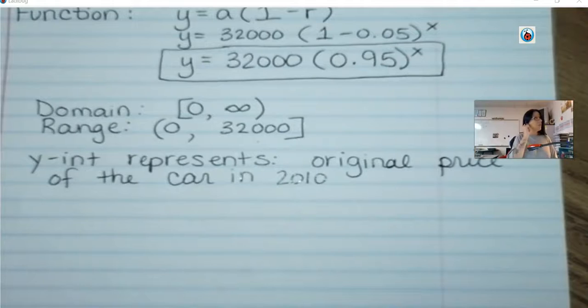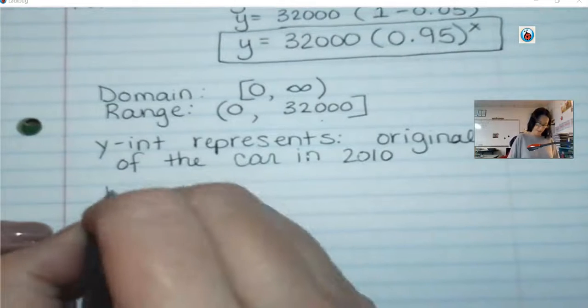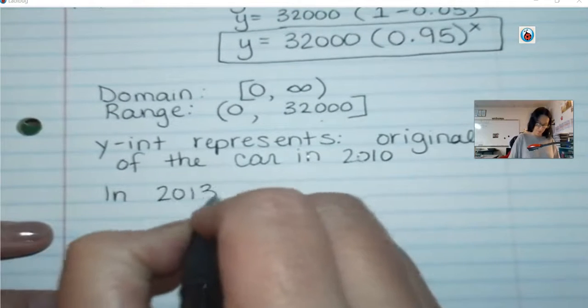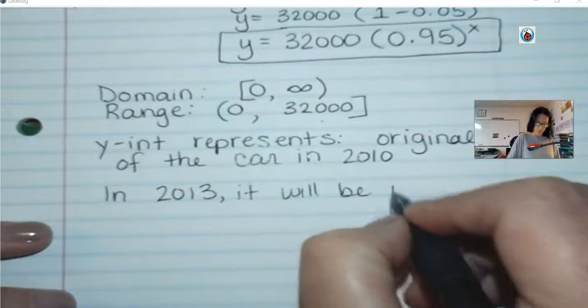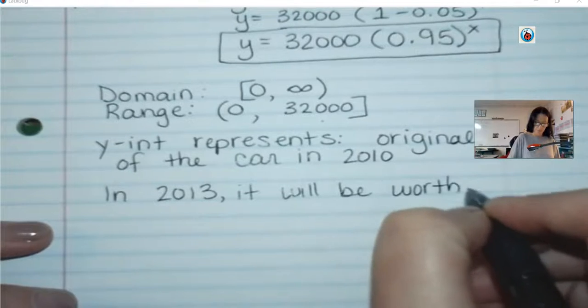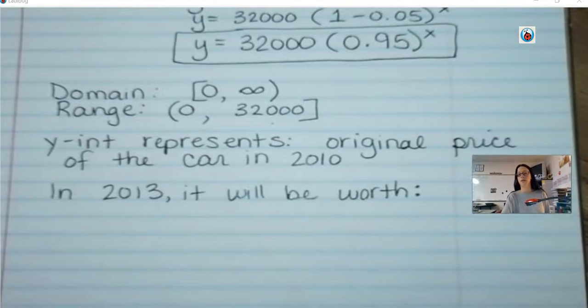And then the last thing we have to do is actually solve the problem. The question was asking, find the value in 2013. Go ahead and figure out how much that car will be worth in 2013.